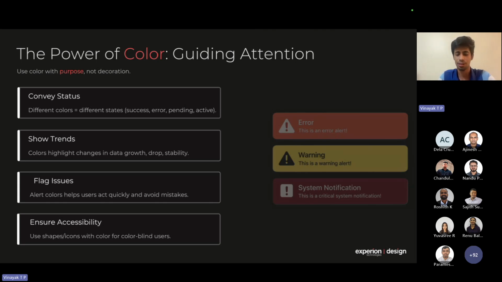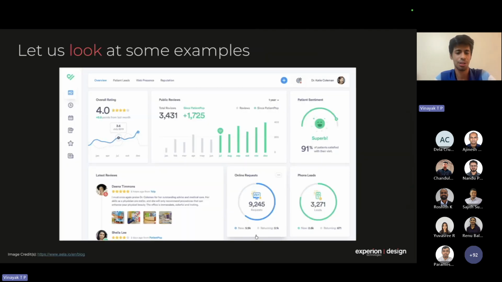So let's see this dashboard example where the colors in this review chart in the center help users understand the difference between the previous period and now, and how icons and shapes like a plus have made it easier for users to understand that growth is happening.